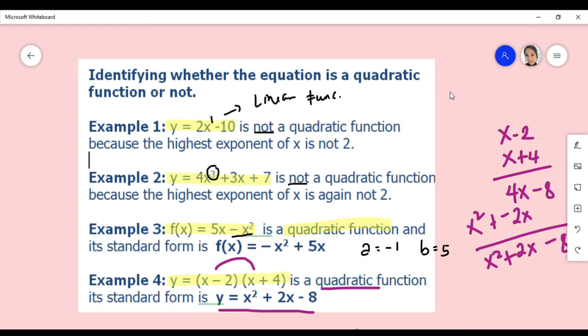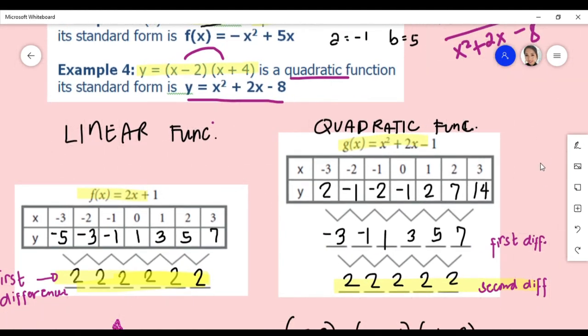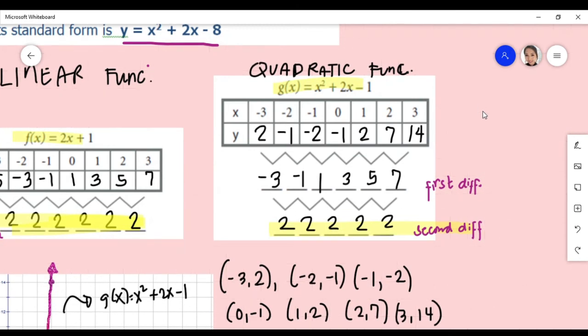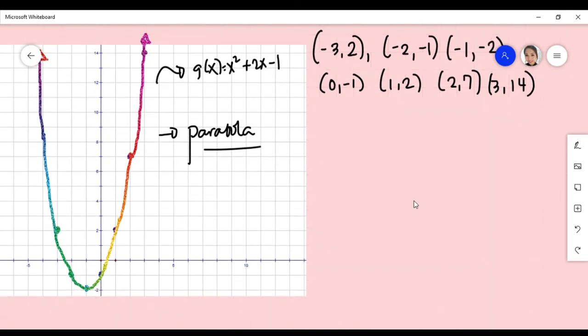So it's a quadratic function equation. Given the table of values, we know that it's a quadratic function if on the second differences, the differences will be equal. And given a graph, we know it's a quadratic function if the graph is a parabola.